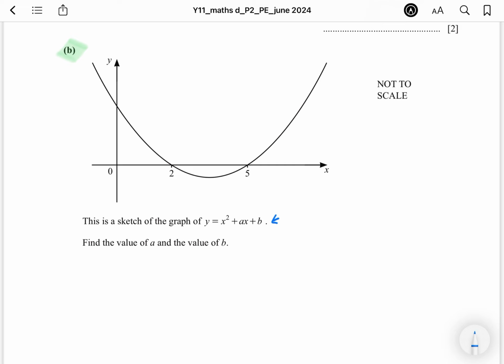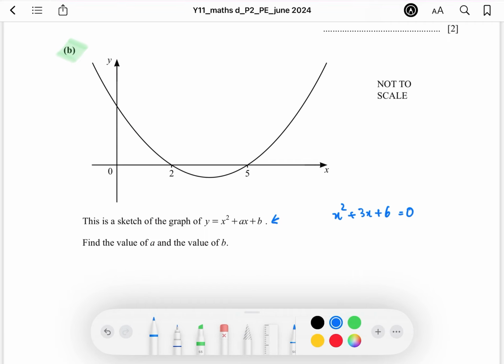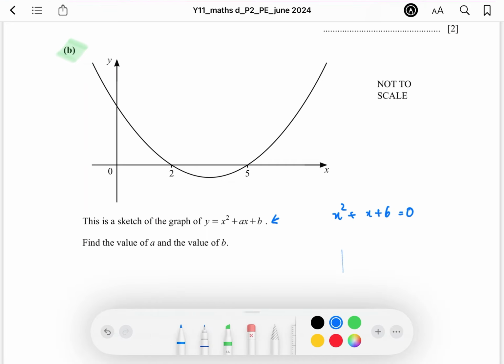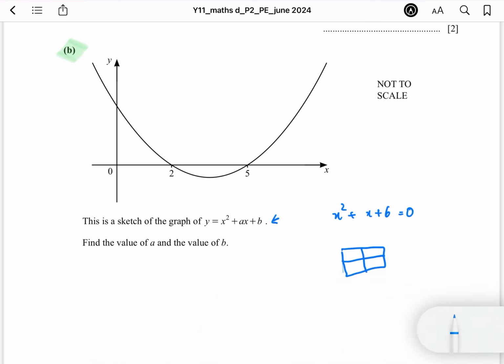So when you have a quadratic equation, let's say we have that, and when you factorize this, we use the box method as we did just now.